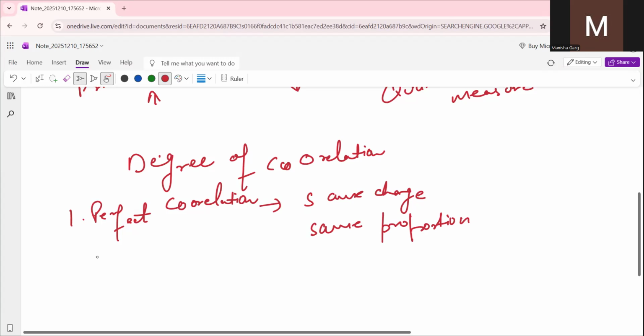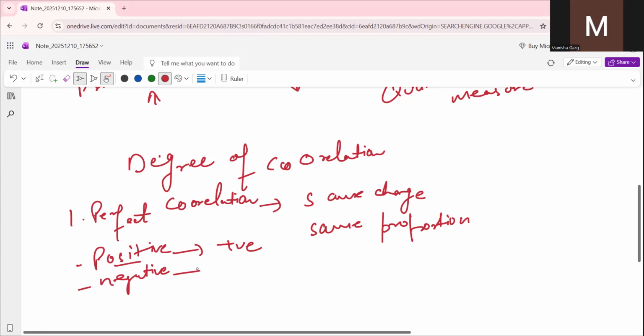It can be positive or it can be negative. When two variables change in the same proportion and same direction, these are called positive correlation.